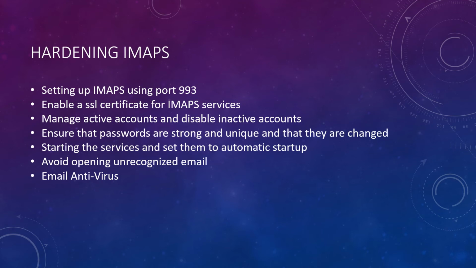Start the services and set them to automatic startup. Avoid opening unrecognized emails that will probably contain malware. Configuring your antivirus to help protect your emails is pretty clutch. You should use that.